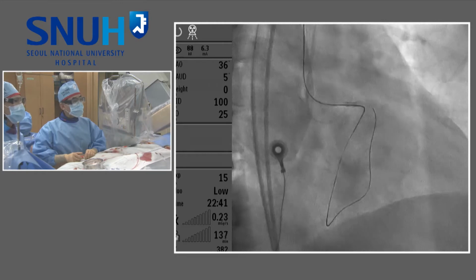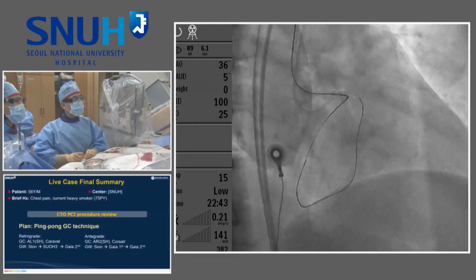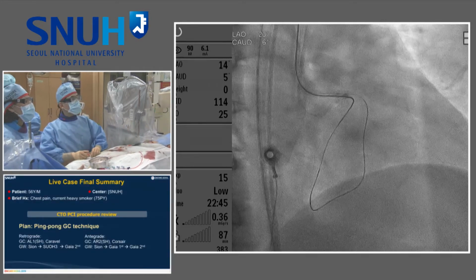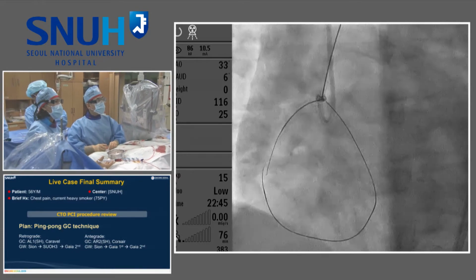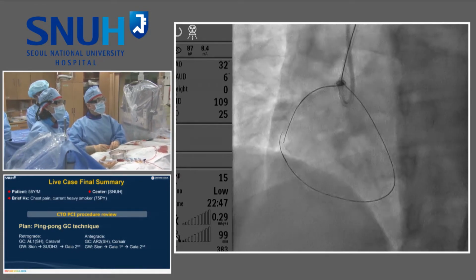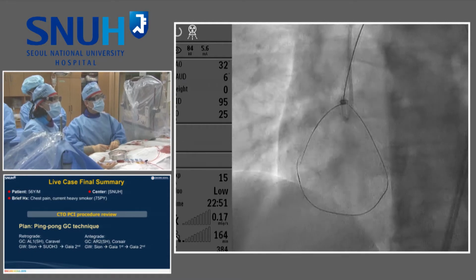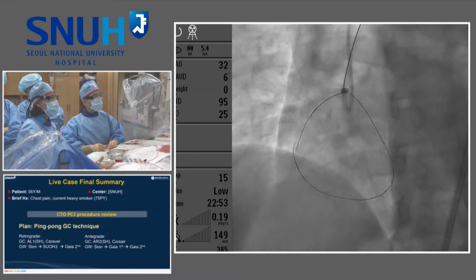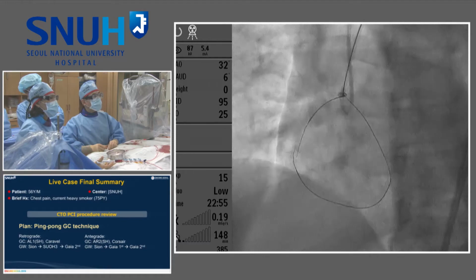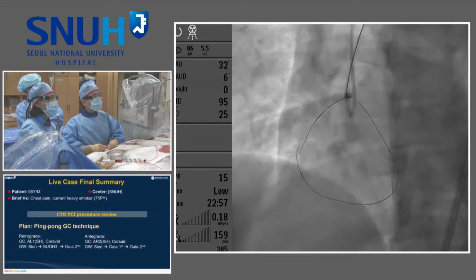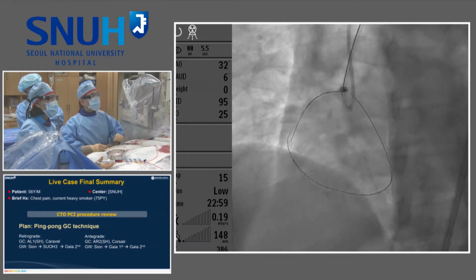Okay, AP direction is good. LAO. So I'd like to maintain the direction on the right side of the wire. Resistance.